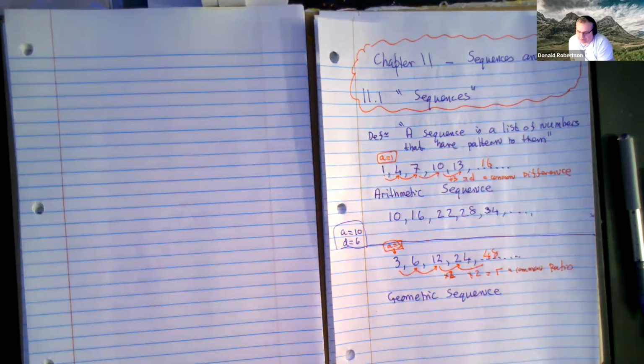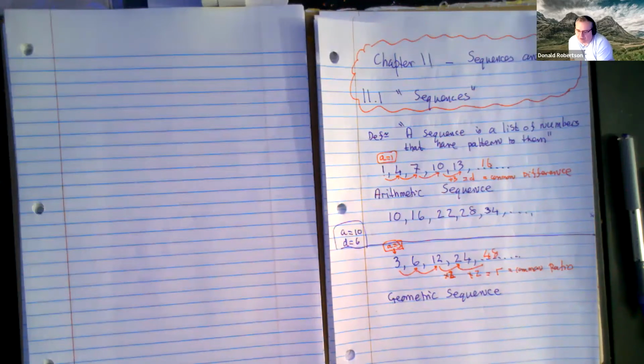Compound interest actually is a geometric sequence. Can't think of an arithmetic one right now, but if somebody gave you $3 a day, wouldn't that generate an arithmetic sequence if you kept all the money?